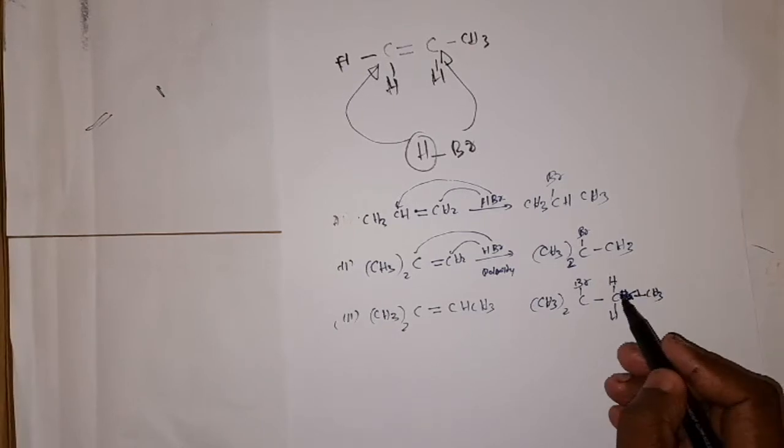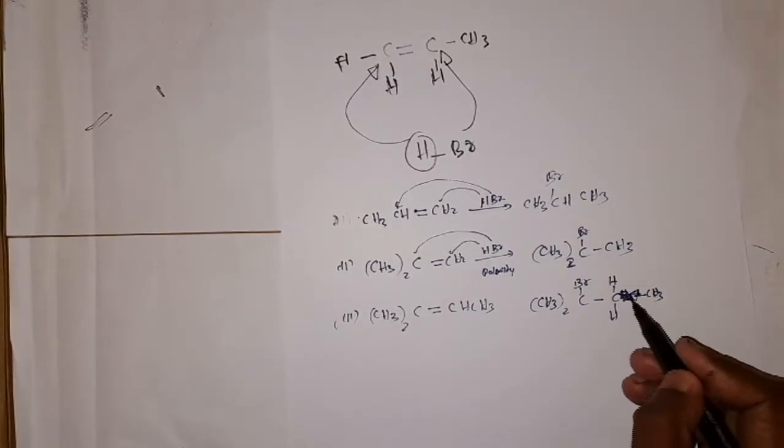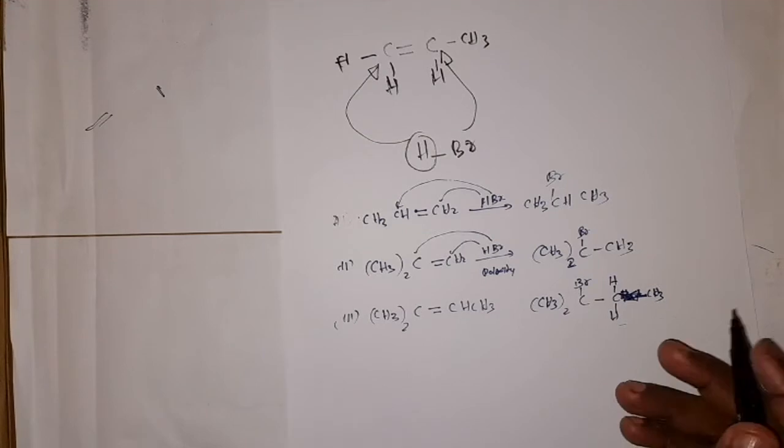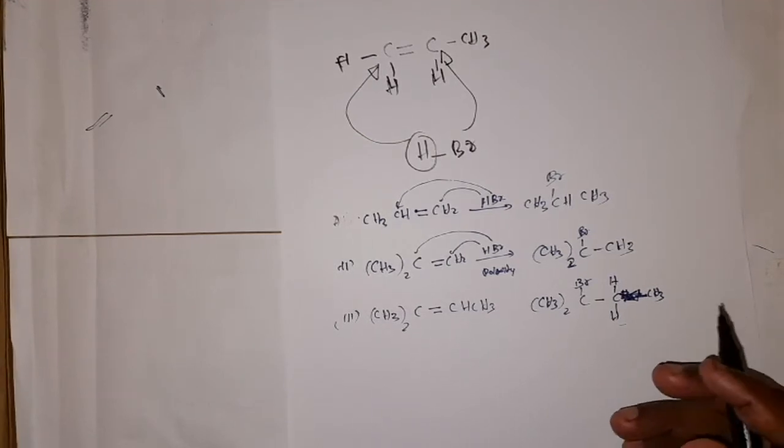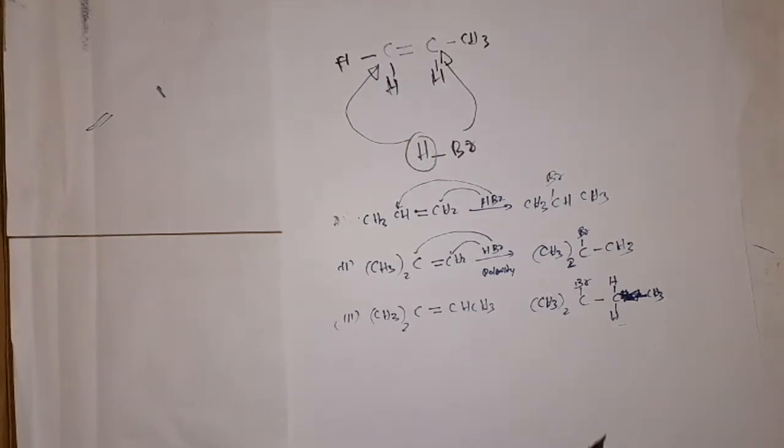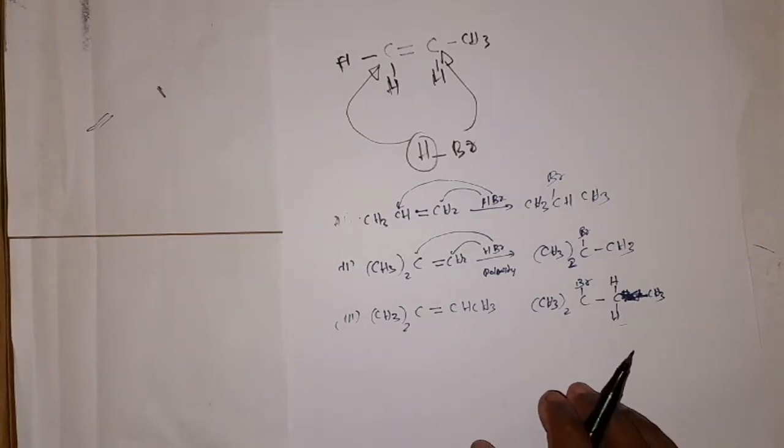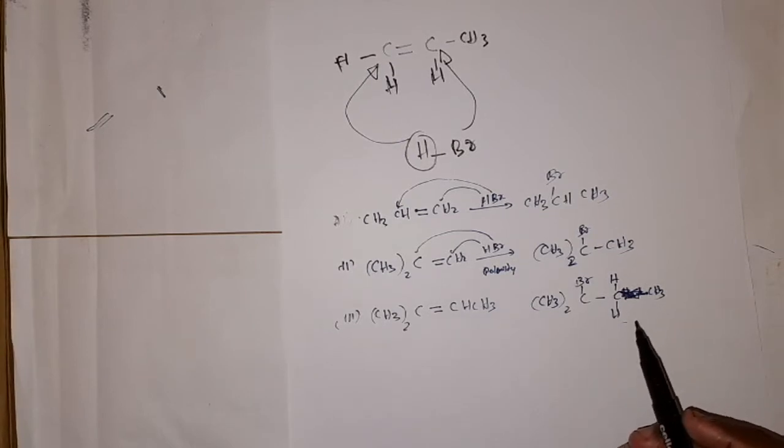This is the final one, with CH3 here, and these are the results related to this. This is the normal result that can be obtained during the addition of HBr to any type of alkene.